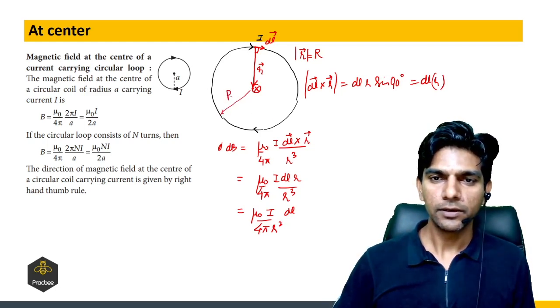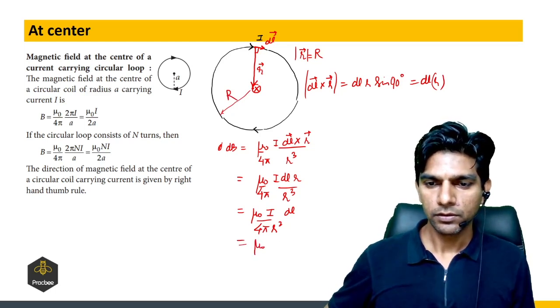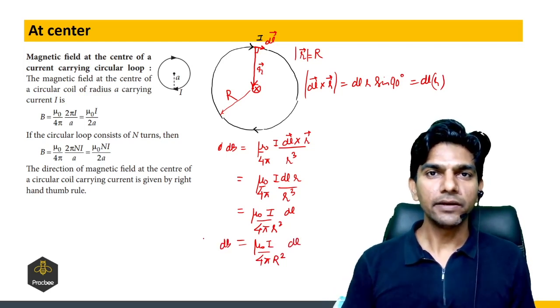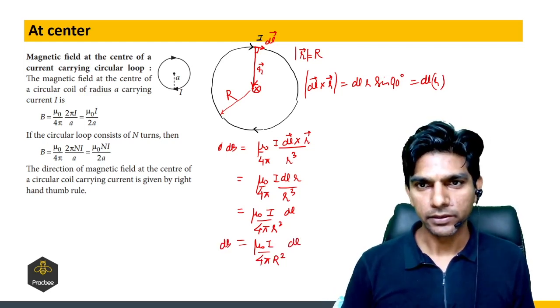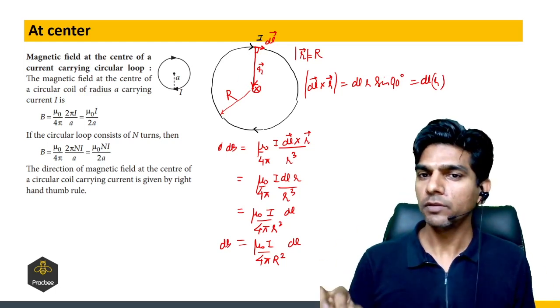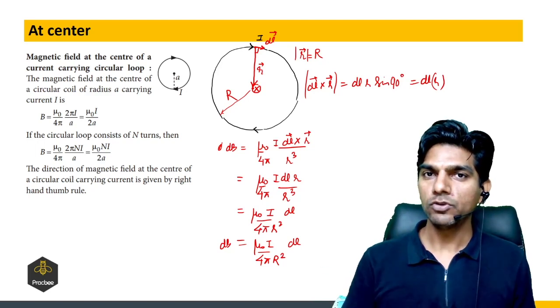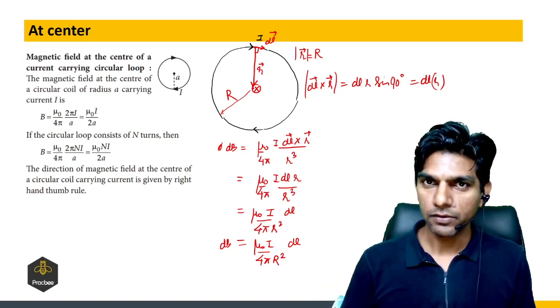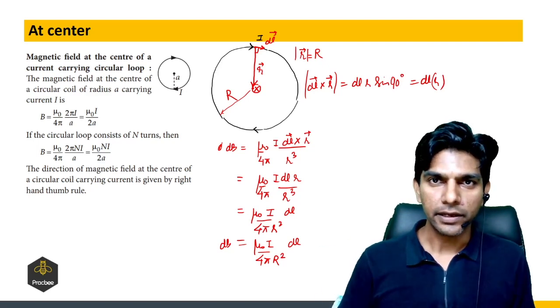Let us take it as capital R. So this will be mu naught I upon 4 pi R square dl. Now this is the magnetic field produced by this small element. If you take any other element, the magnetic field produced by that element will also be into the plane. So if it is into the plane, we have to simply add all these fields and we will get the magnetic field produced by the current carrying loop.